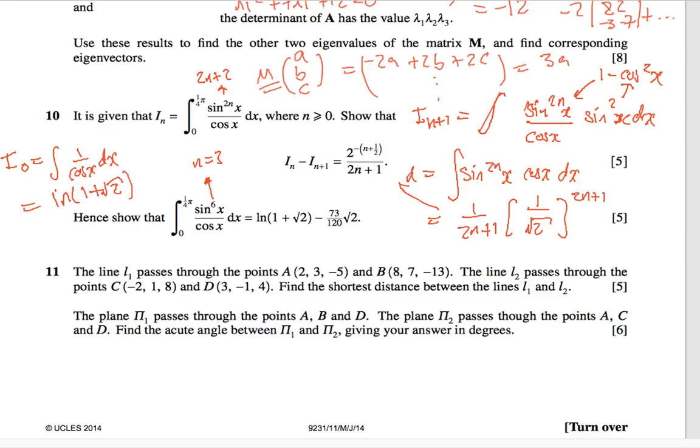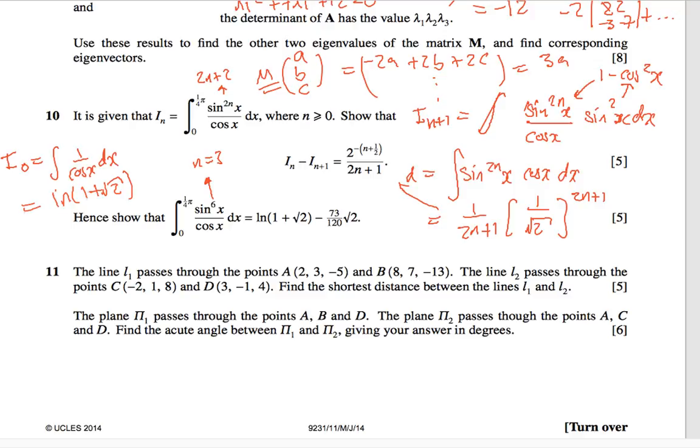Okay, and then once we have this, we use the relation I0 minus I1 equals, let me write this better. Basically, we just rearrange the formula that we're given, the reduction formula.